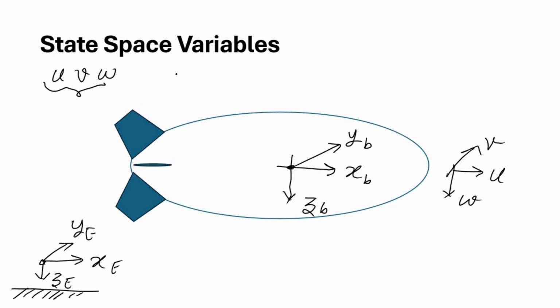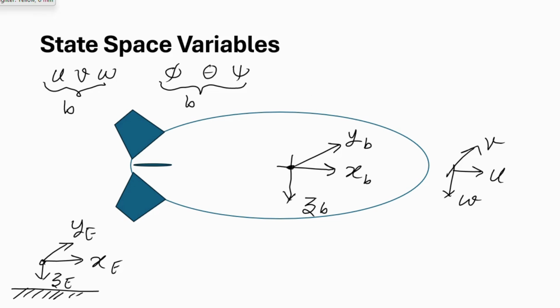So for the roll we have the phi angle, for the pitch we have the theta angle, and for the yaw we have the psi angle. These are another three state variables, also called the Euler angles of the body with respect to the body frame. So phi, theta and psi are all with respect to the body frame, that is the angular change.